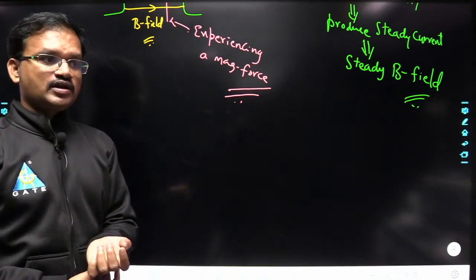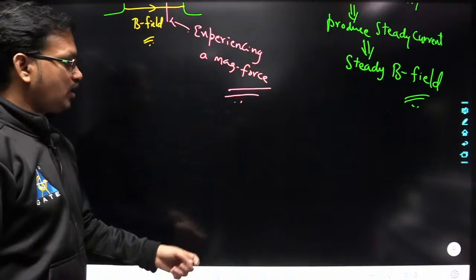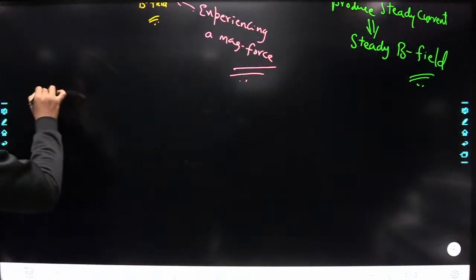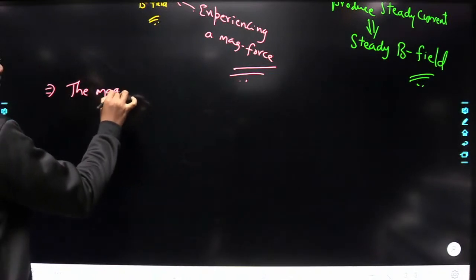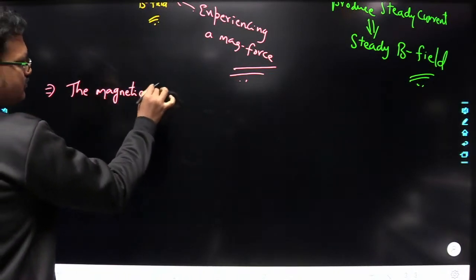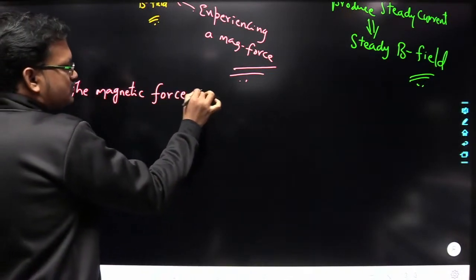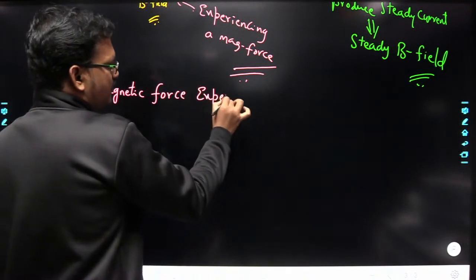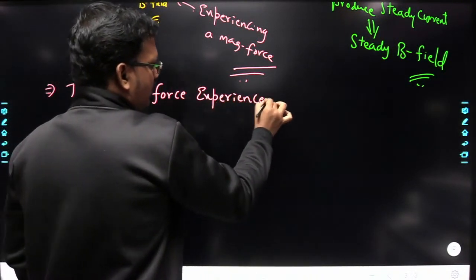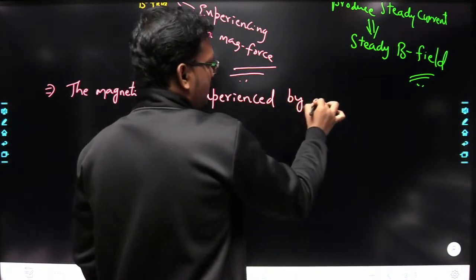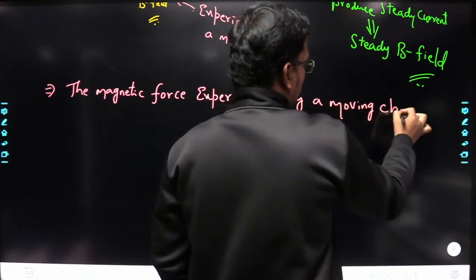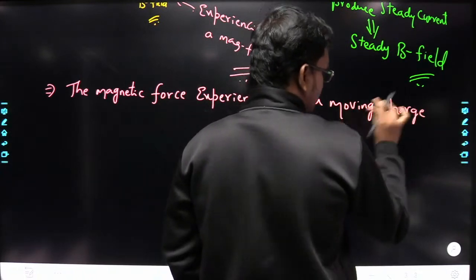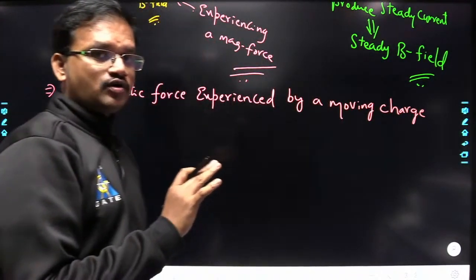The magnetic force experienced by a moving charge. See, moving charge means it is moving with uniform velocity. That's what you have to understand.